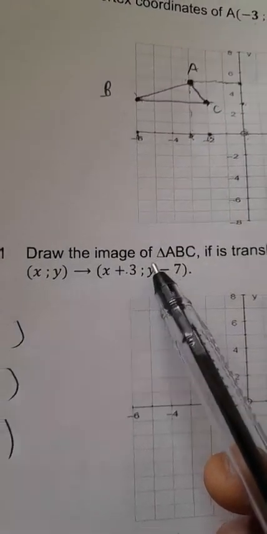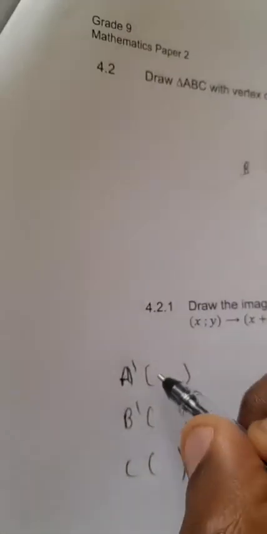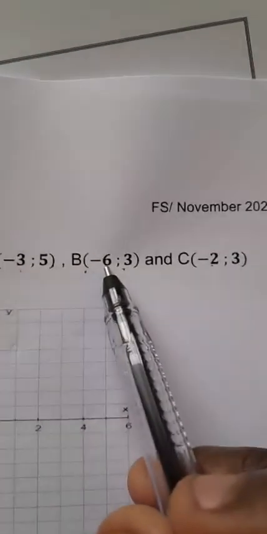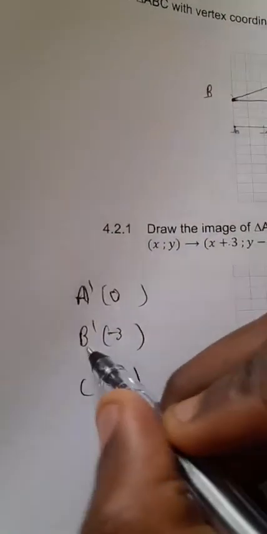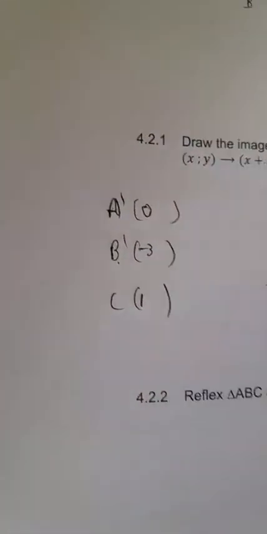Are you with me? So +3 means -3 + 3, that's 0. What's -6 + 3? -6 + 3 is -3. So I have -3 for B. If I say +3 here, I get 1.